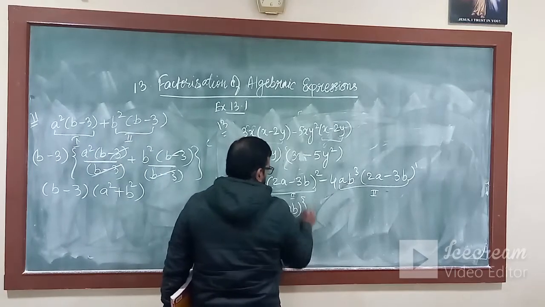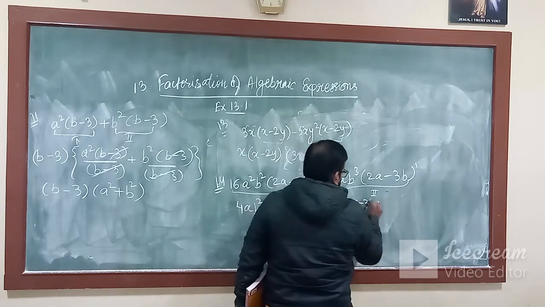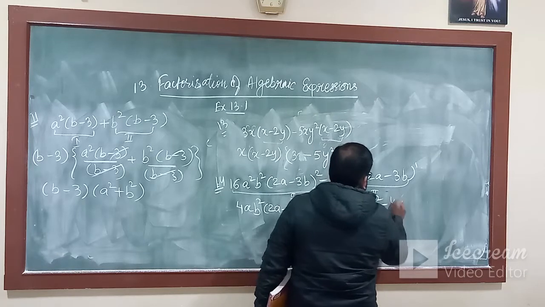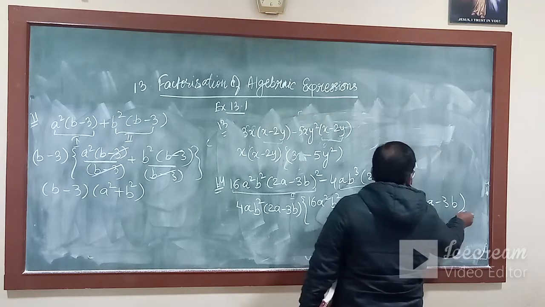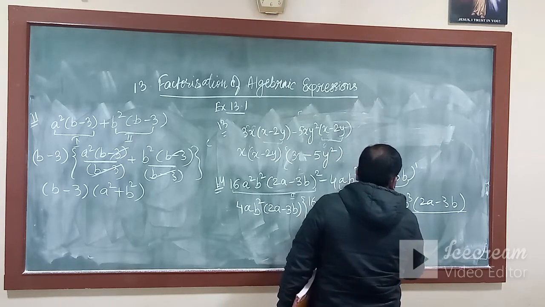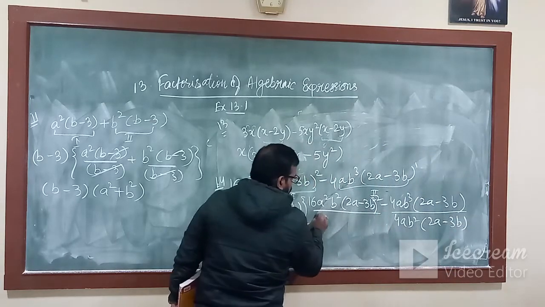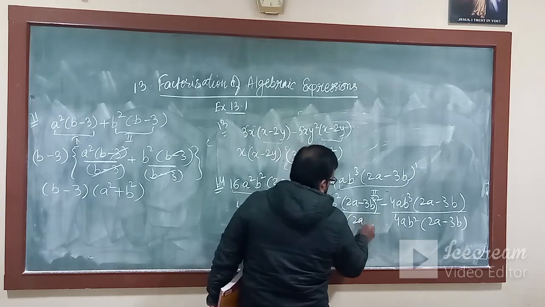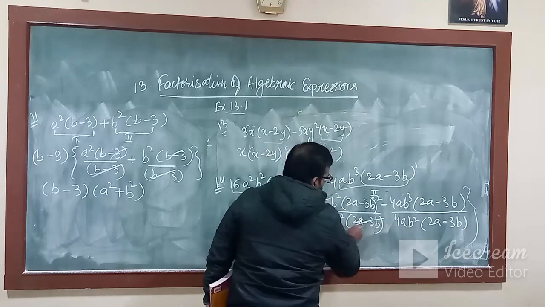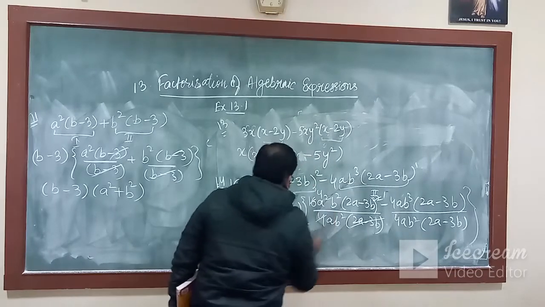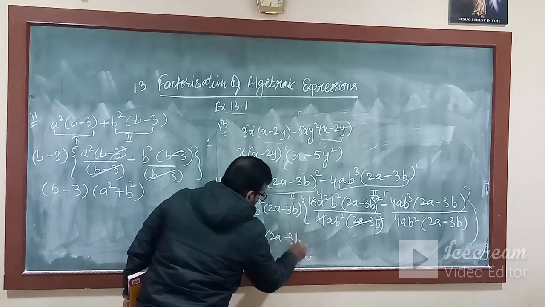So finally, see what we are going to get. Okay, let's write the steps. (2a minus 3b) whole square minus 4ab cube (2a minus 3b), upon this HCF, that is 4ab square (2a minus 3b). Here also 4ab square (2a minus 3b). Okay, so now if you solve, one power is left, then 4 into 4 is 16. So what is our answer? This is the factor.